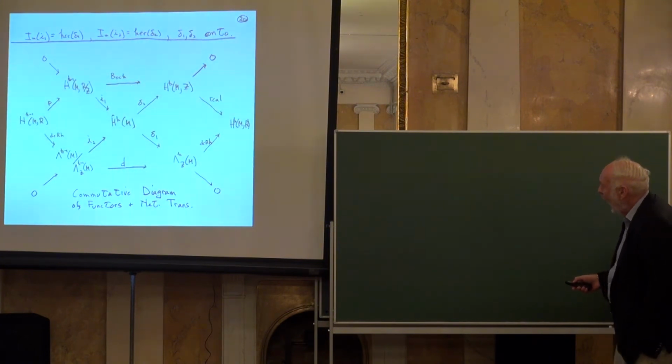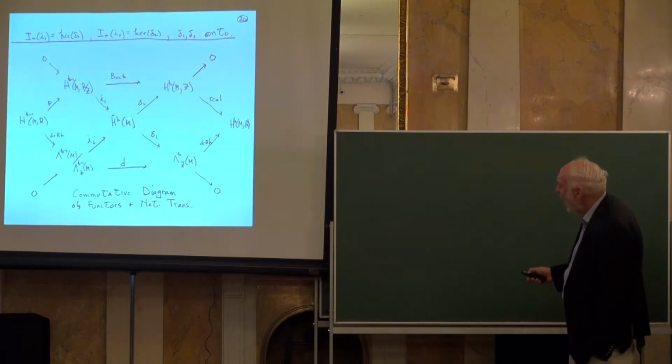Now, we also had plain old forms, modulo those that vanish when you integrate them and reduce mod Z. Those forms inject into there. But we also map this into omega sub Z, into delta 1. But that, as we saw, is just the differential of this thing. So this is commutative.